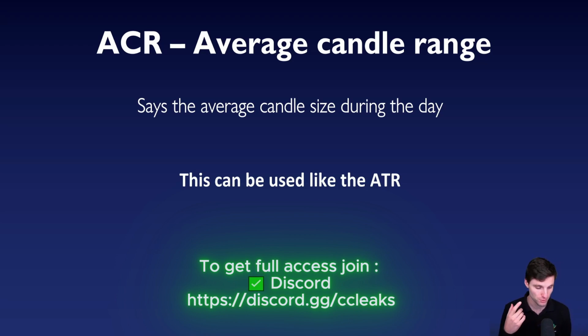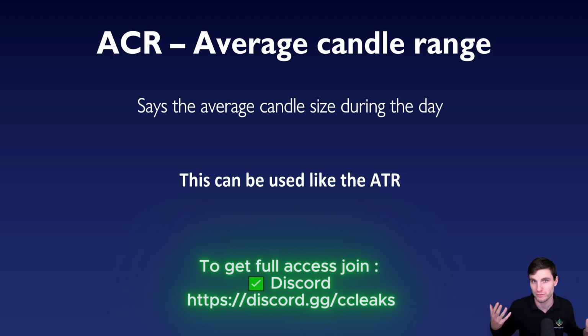Whereas I know other people, I do not use it this way, but I know you can use it like this, and that's by using the average true range. People will set their stop loss. Let's say they're shorting the top of the range and they know the average true range size. Converting this back to the ACR, we'd say, again, average candle size is $500.